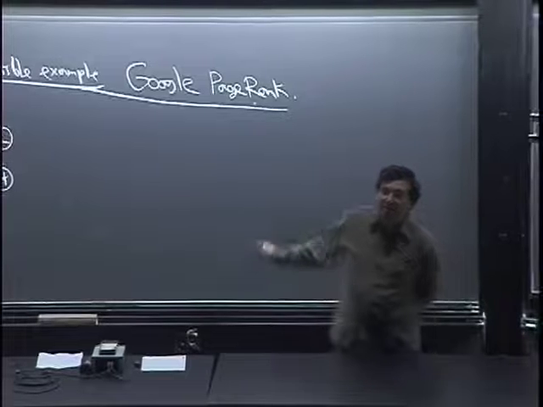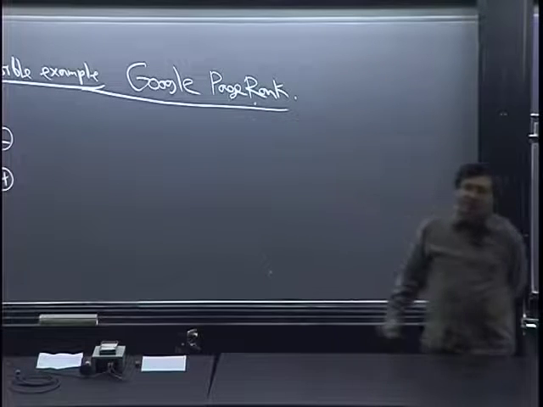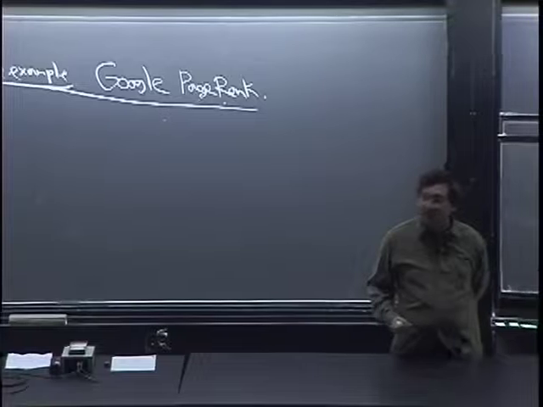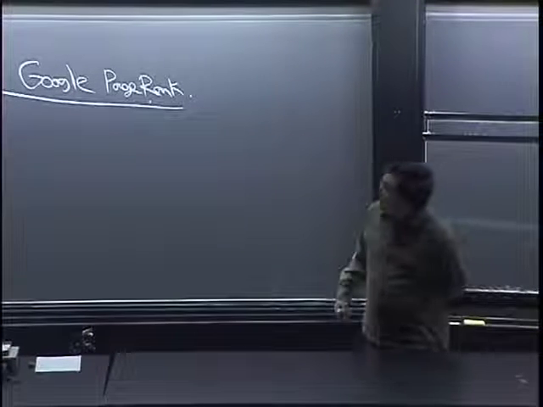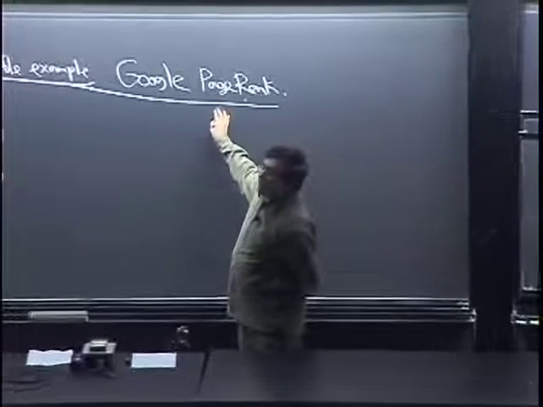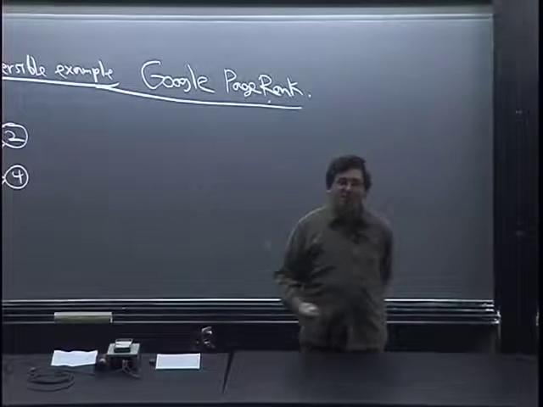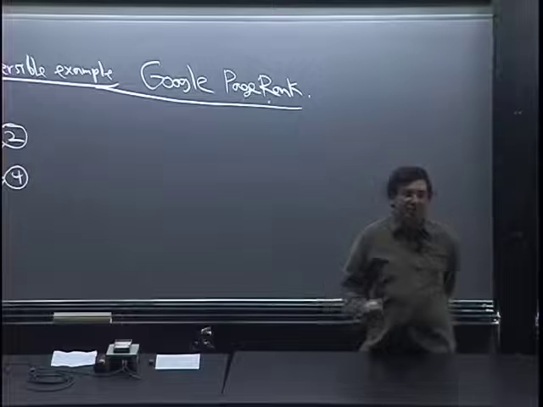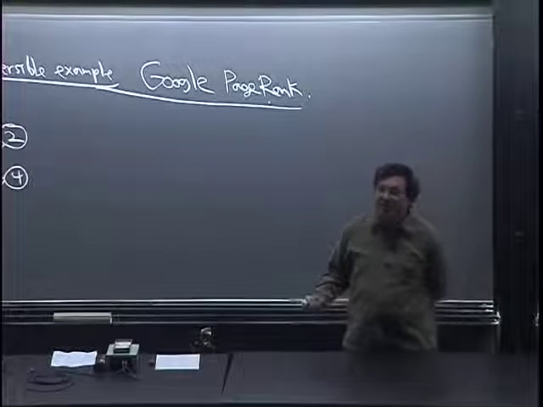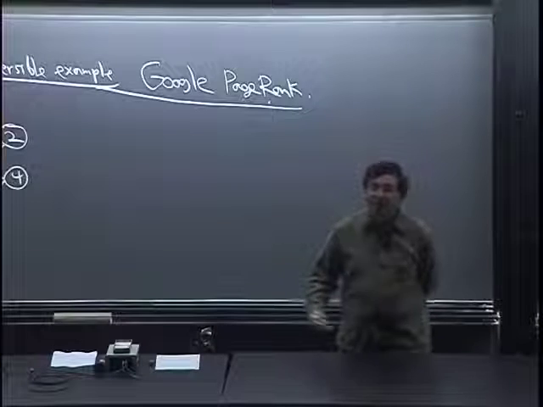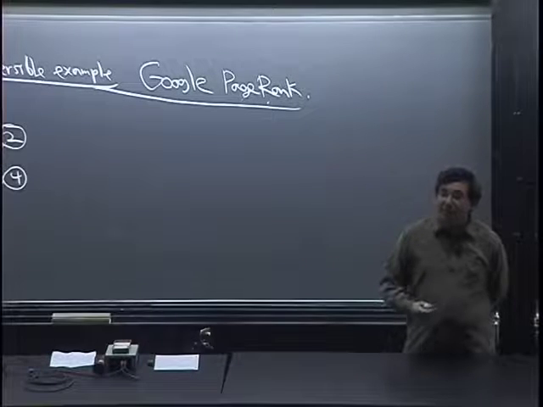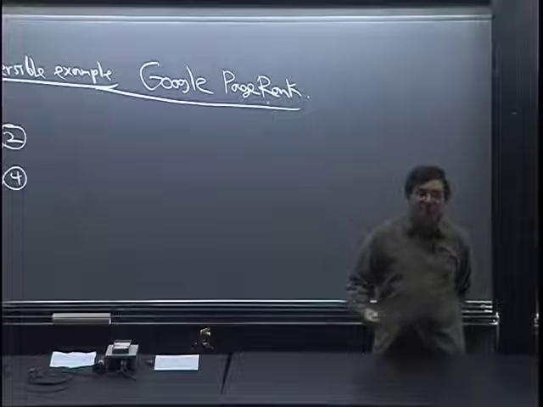I mean, now you can debate whether they're still the best or not, but at the time it was way beyond any of their competitors in terms of the ranking, right? Because you don't have time to search through a million. If you're searching for chess and there's a million pages, you don't have time to go through all of them. The question is, which page should come up first, second, third? It's the ranking, right? So you look for all pages that match your query. What order should those be displayed in?